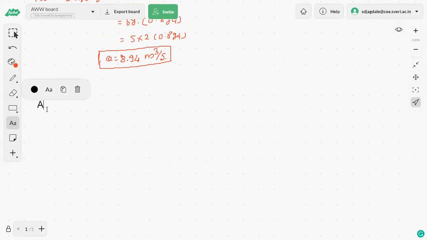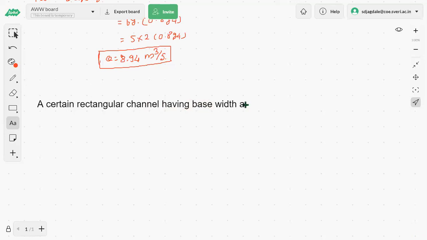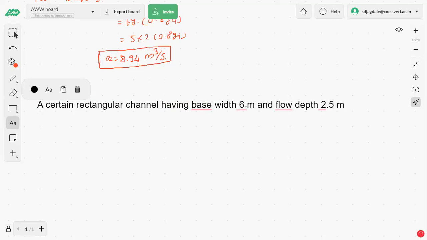A certain rectangular channel having a base width or bed width of 6 meters and flow depth 2.5 meters.